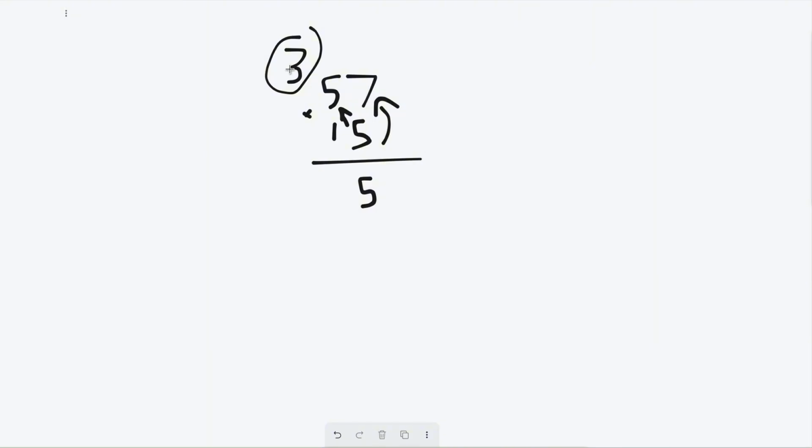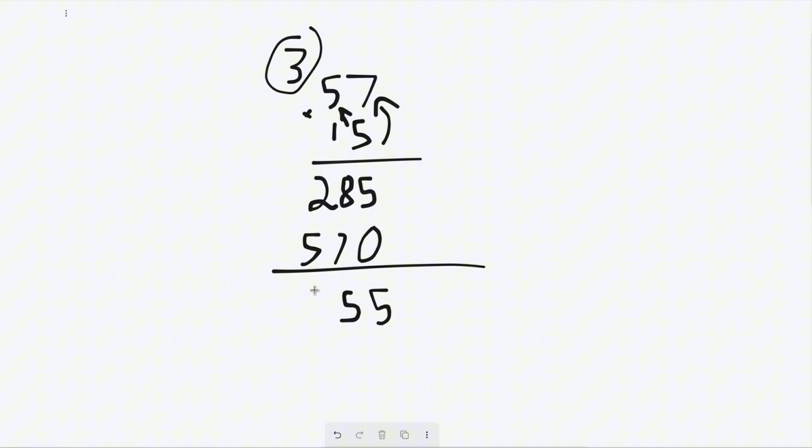It's the last number on the top, so 25 plus 3 is 28. Here. Yep, 28. Now we have to go on to the 1. Because it's in the tens digit, we put 0. And then 1 times 7 is 7, 1 times 5 is 5. Add them up. 5, 5, 8. The answer is 855.